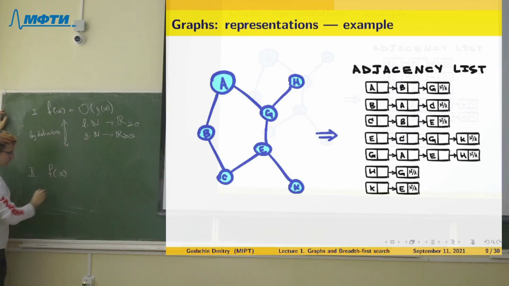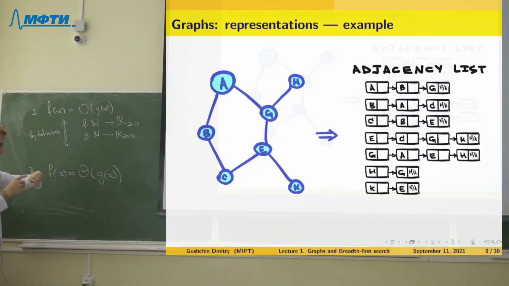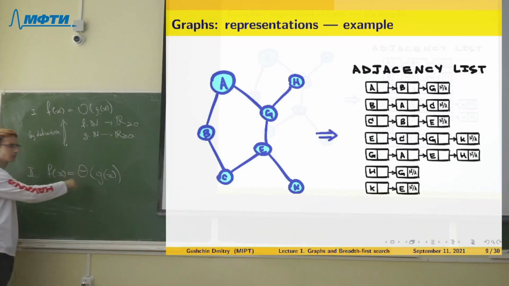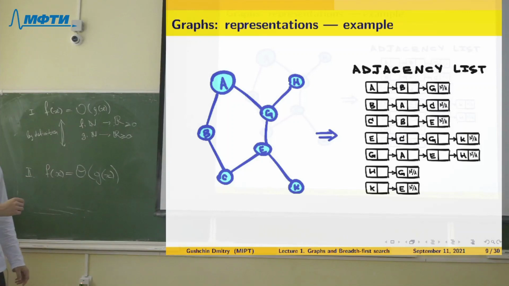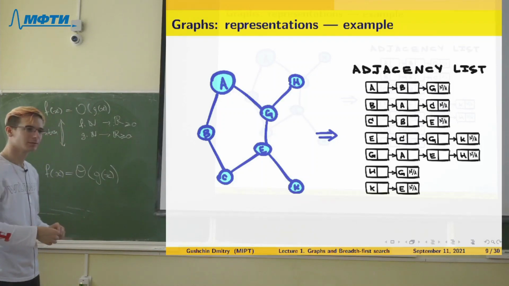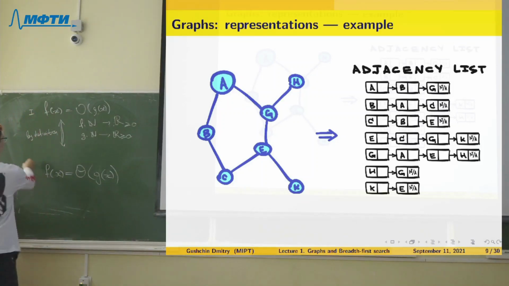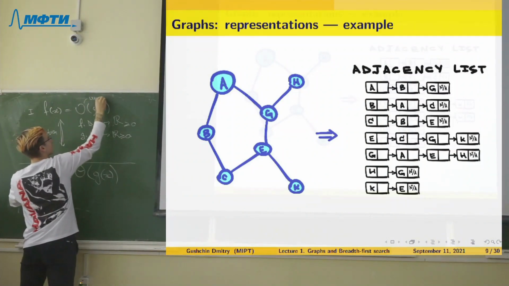F of x equal to theta of g of x. Do you remember? Big O is upper bound. It's about big O, yeah, it's upper bounds of f. But formally, what is it?